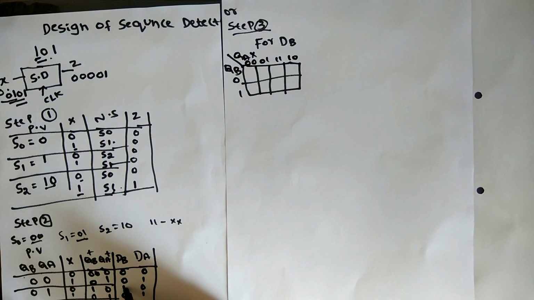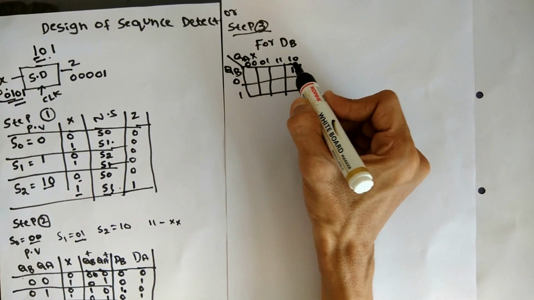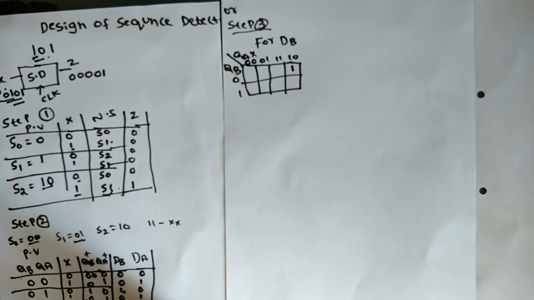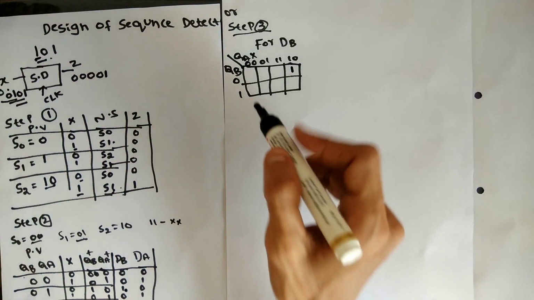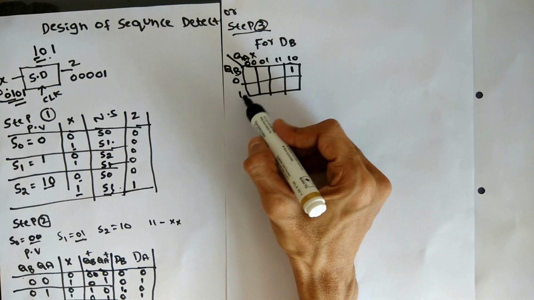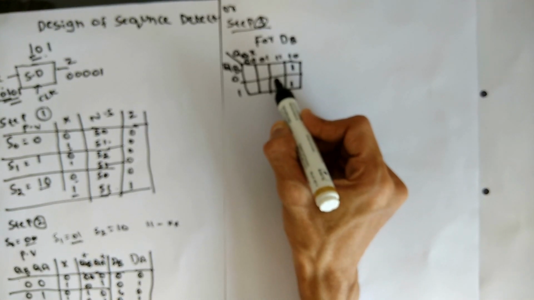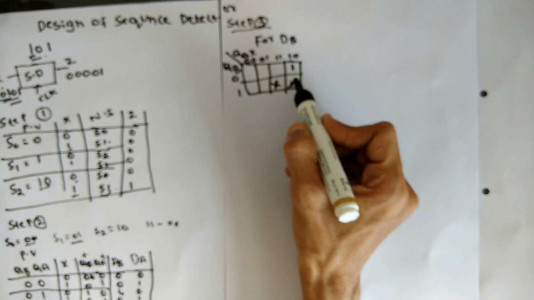DB is 1 at the condition 0 1 0. So 0 1 0 is here. So this is 1. And next case it is don't care in the 1 1 condition. So 1 1 0 is here and 1 1 1 is here. These two are don't care conditions.